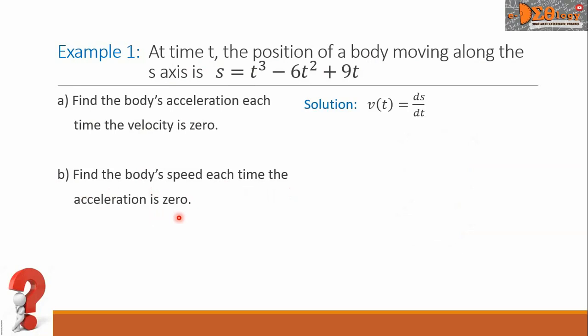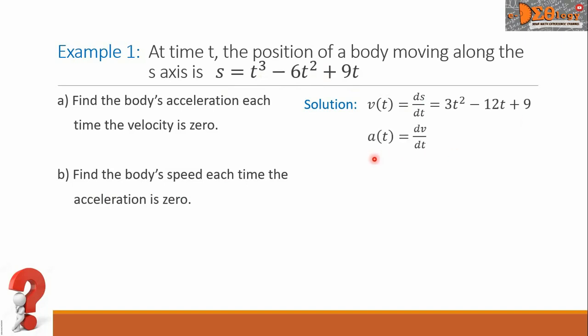For our solution, let us find first the velocity, and that is v of t. This is equal to the derivative of this function. So ds over dt equals 3t squared minus 12t plus 9.